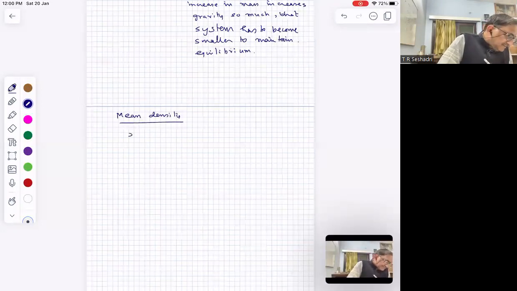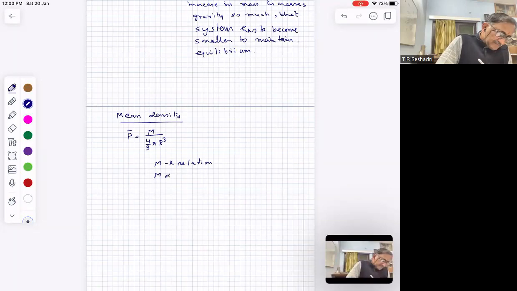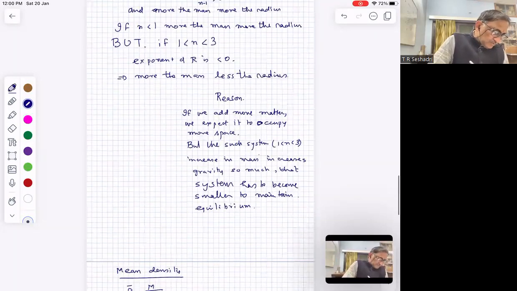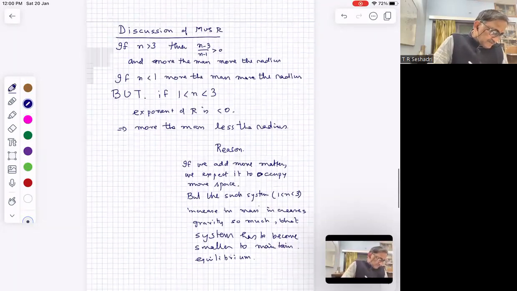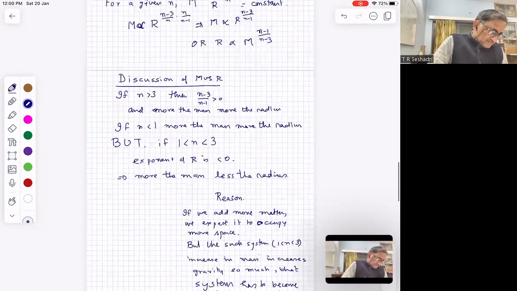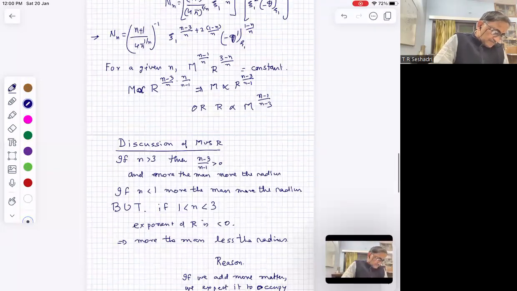Mean density rho bar will be equal to total mass by 4 upon 3 pi r cube. And we already derived the mass radius relation, that is, r proportional to, what did we have?